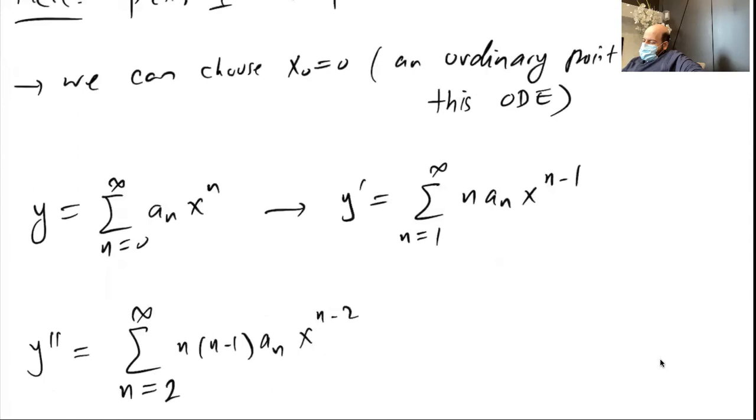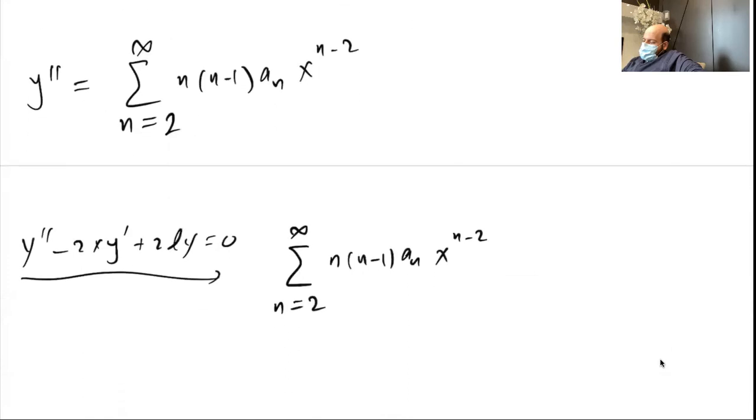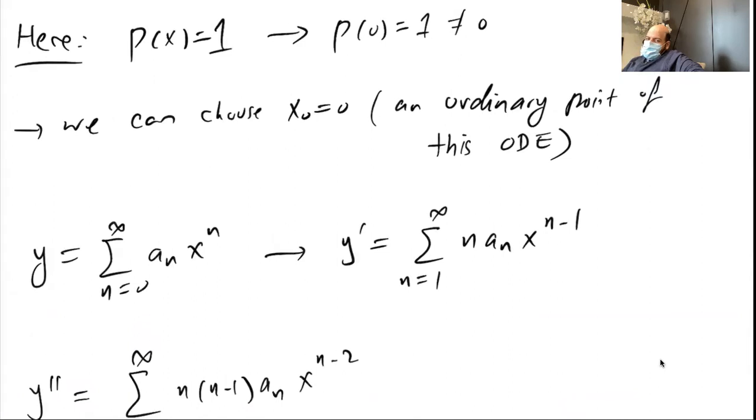If I multiply this with x, then I'll get minus 2 times sigma n a n x to the power n, from 1 to infinity, since I multiplied with x.